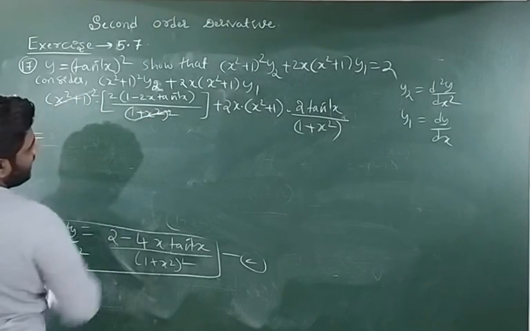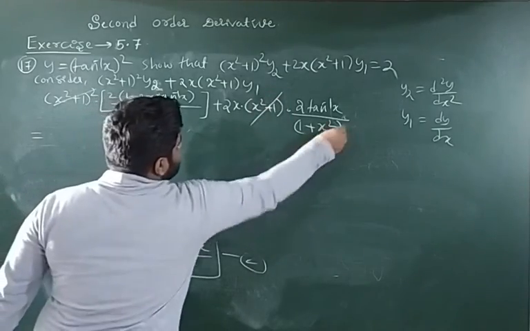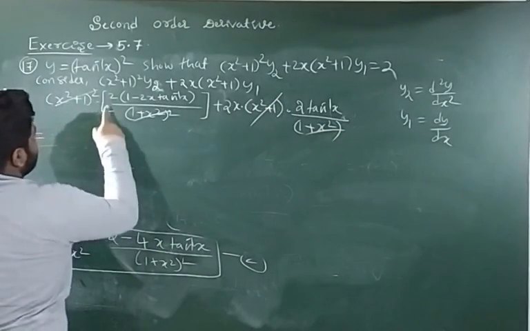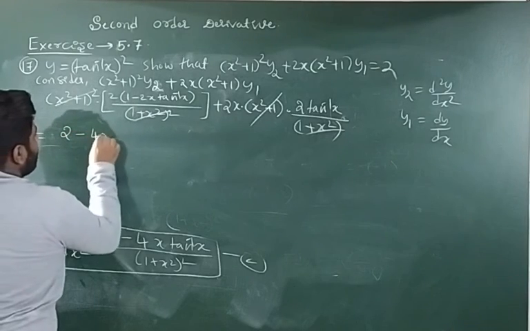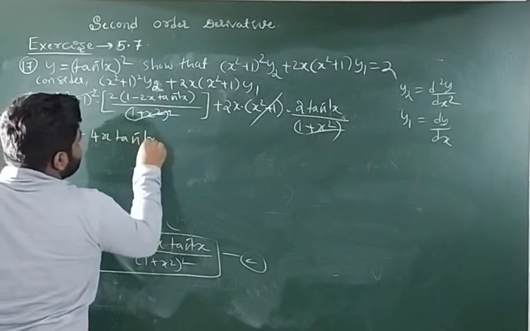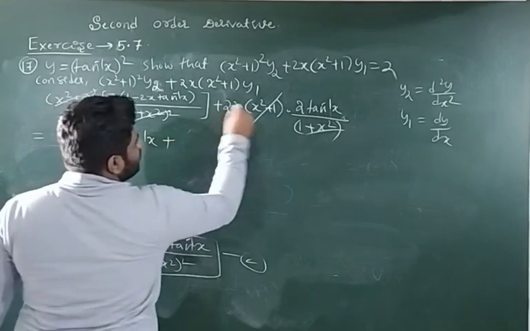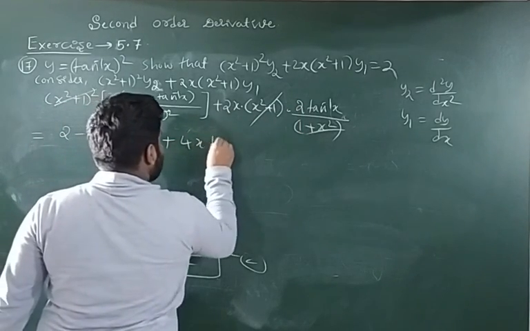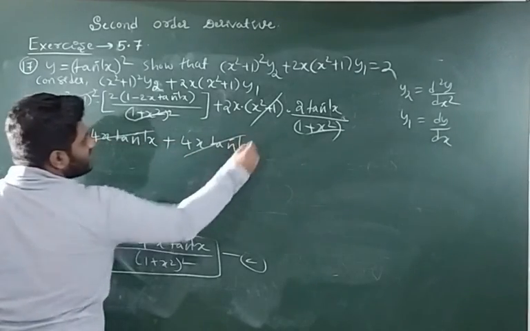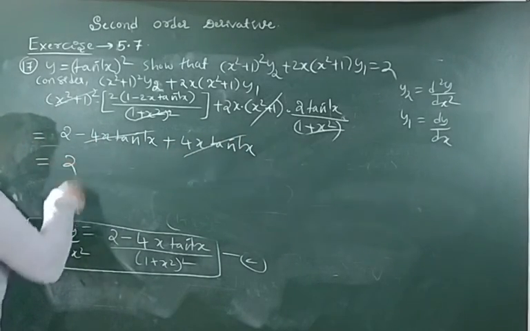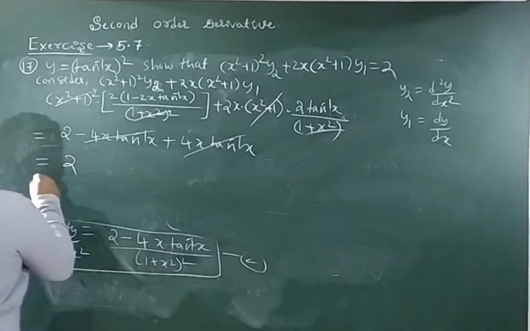This term gets cancelled, this term gets cancelled. Write down the remaining: 2 minus 4x tan inverse x plus 4x tan inverse x. The 4x tan inverse x and minus 4x tan inverse x get cancelled. What is remaining? 2. 2 is nothing but our RHS.